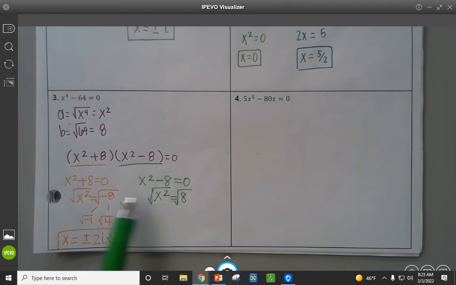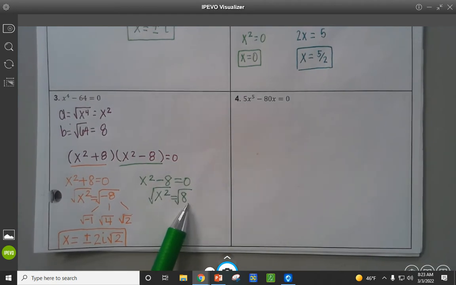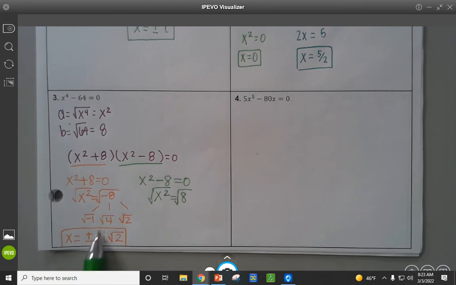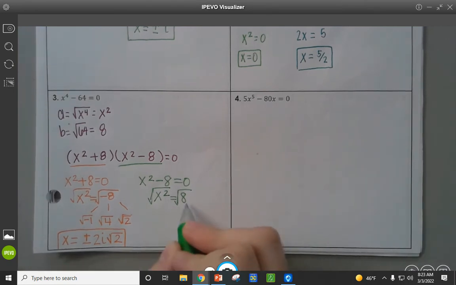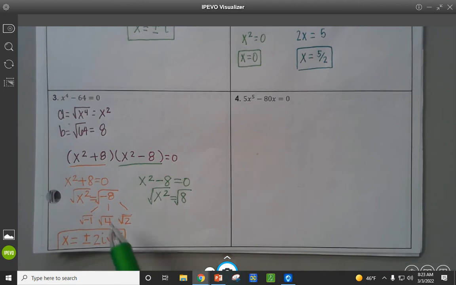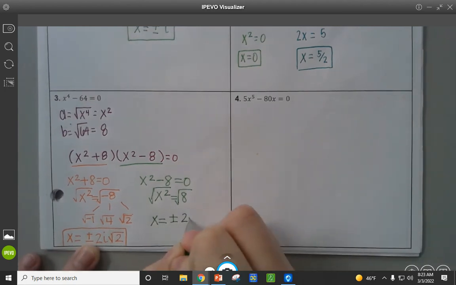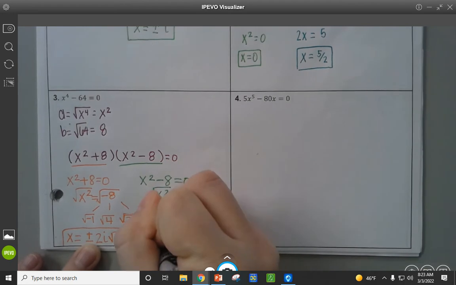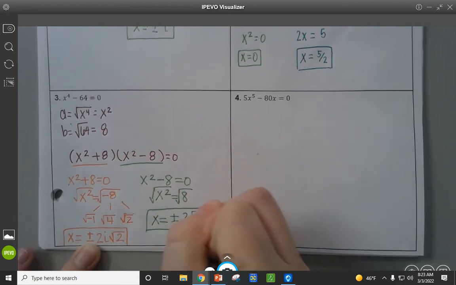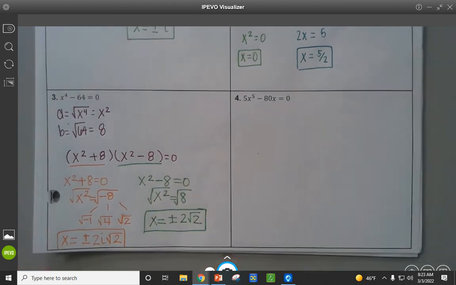The only difference in these two is that this one over here does not have the negative, so it's not going to have the I. And you don't even have to show breaking it down again because you really already did the work. Just don't include the I. So plus or minus 2 radical 2. Are there any questions on that?